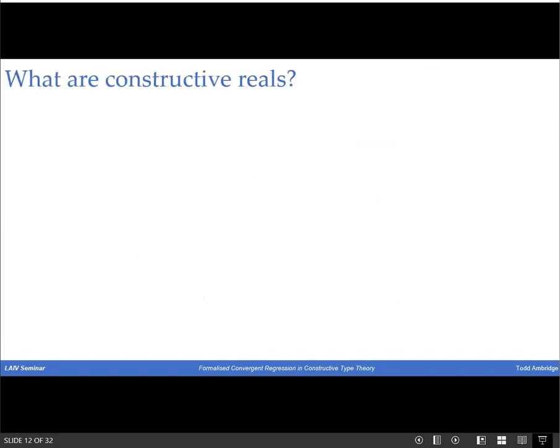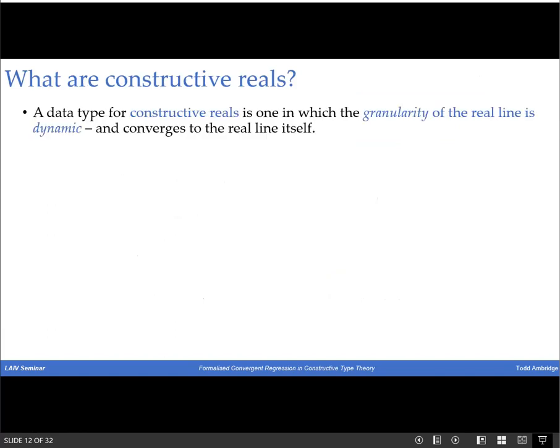This may be new to some of you, or very old to some of you, but there are loads of different ways to explain what constructive reals are. The informal way I just described: a data type for constructive reals is one in which the granularity of the real line is dynamic. If you give it a precision level, it will give you a smaller and smaller interval of the real line. And if you could give it an infinite level of precision, it would give you a single point. So it converges to a real number itself.